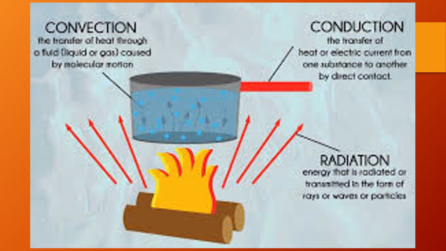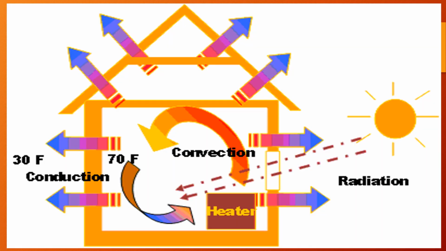Now there are three ways of transfer of heat, that is conduction, convection and radiation. We will be studying it in detail. Now see this diagram very carefully. What is happening? There are different arrows, some curved arrows, and the other arrows are pointing outside the home.